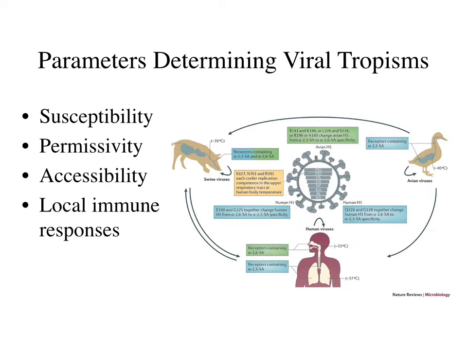Okay, when we're talking about viral tropisms, there are some parameters we need to discuss. So first, there's susceptibility. That's whether or not an animal can become infected. This is usually determined by the distribution of receptors for entry.